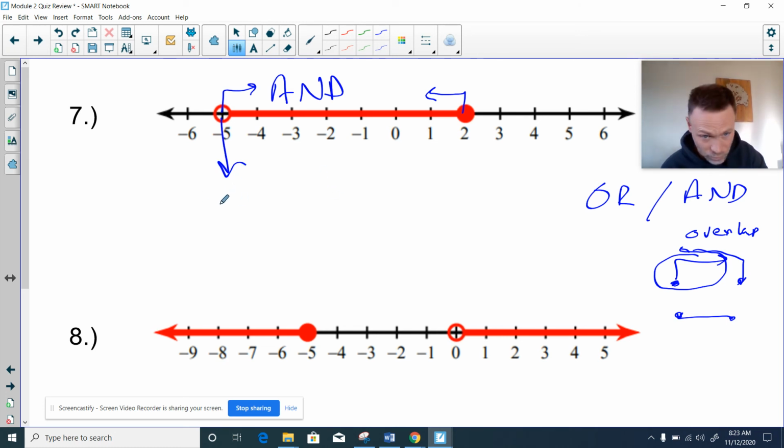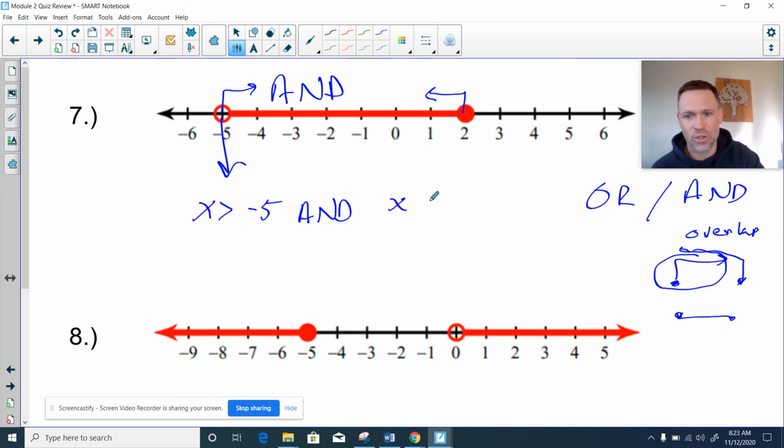So here we go. This is x being compared to -5. What are we saying? It's an open circle, arrow going to the right. x has got to be greater than -5. Connect it with the word and. This is a closed circle, arrow going to the left, so x has got to be less than or equal to 2. And that's all there is to it.